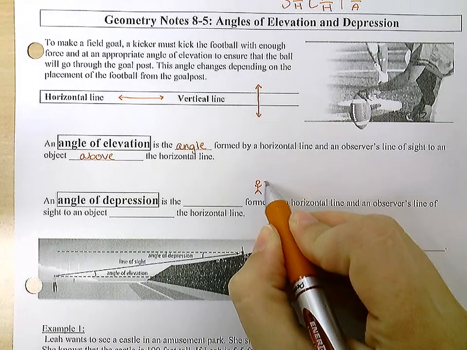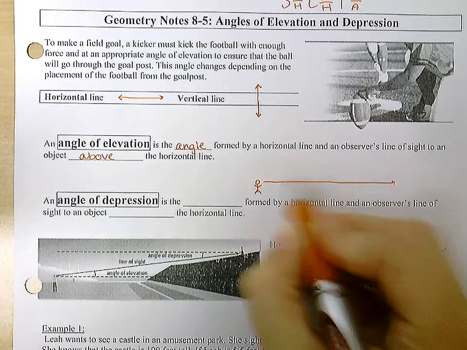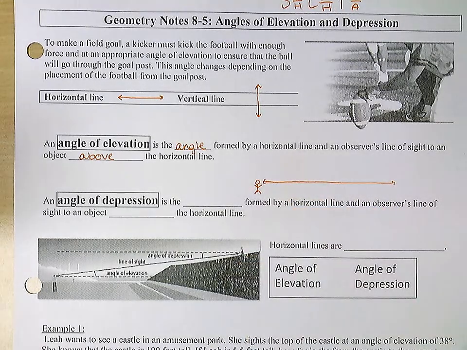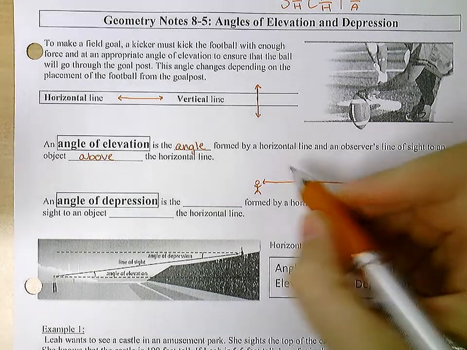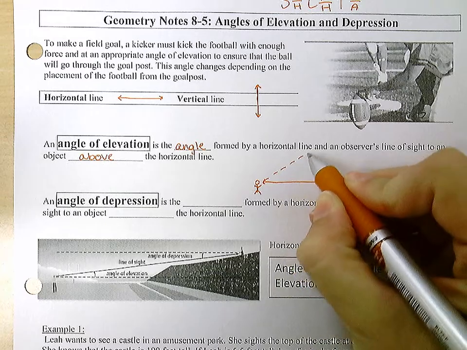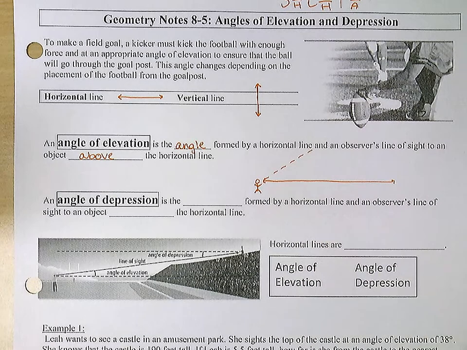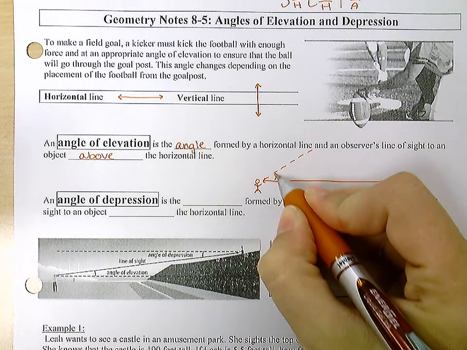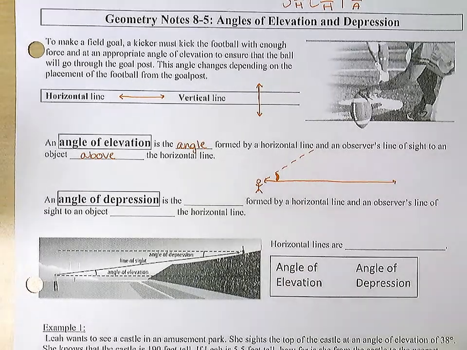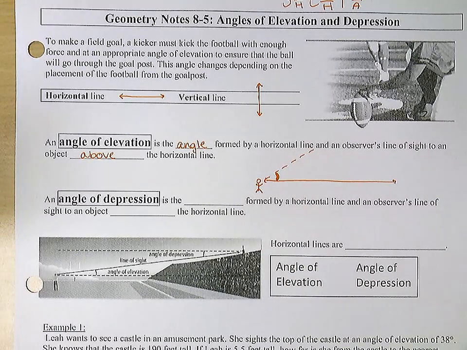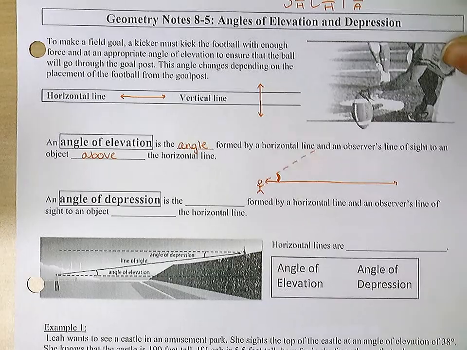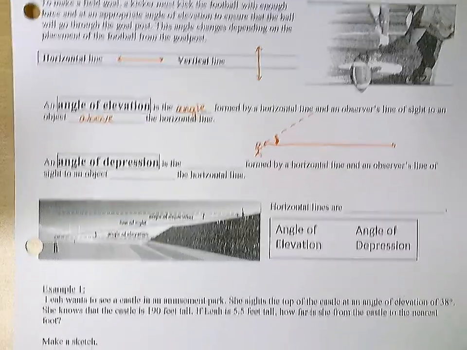When you're looking straight forward, that's your horizontal. If they're looking up at something, that angle created by that horizontal and their line of sight looking up is called their angle of elevation. That would be right here in our picture. You're looking up, so elevation.